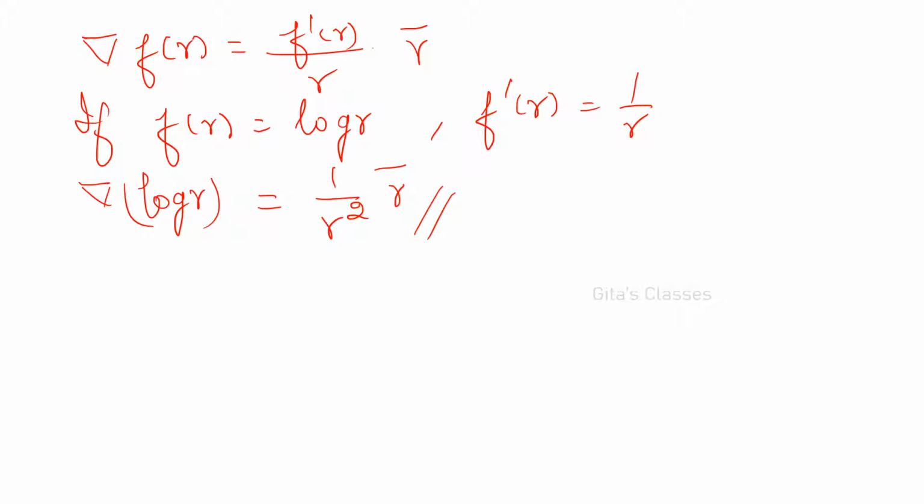That's all about this unit, and we have some vector identities. We have already proved these things, and I have given you the proofs previously.